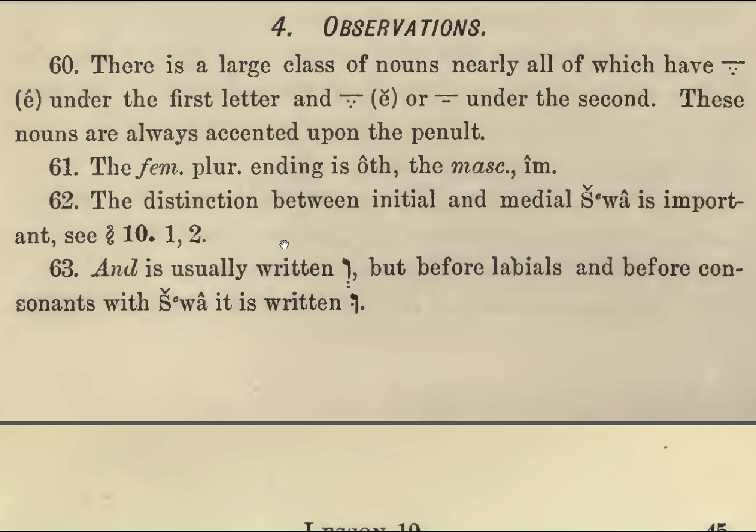The distinction between the initial schwa and the medial schwa is important, and is usually written v, but before labials, that's b, u, m, p, bumf, or bamap, those letters. And before consonants with the schwa, it's written u.